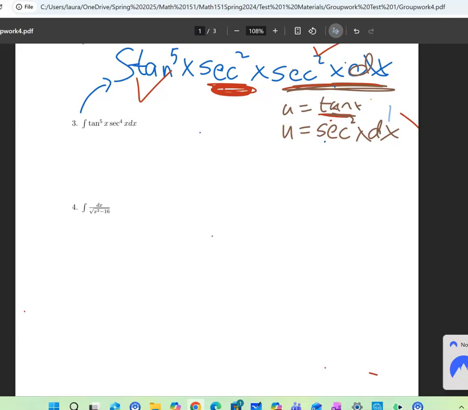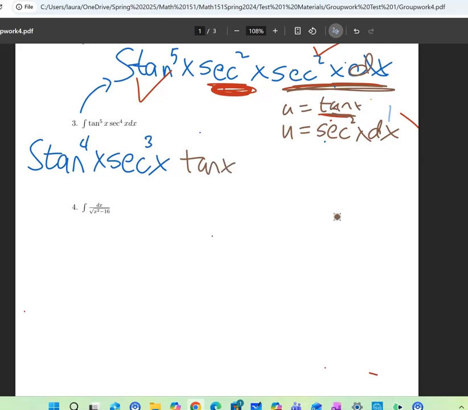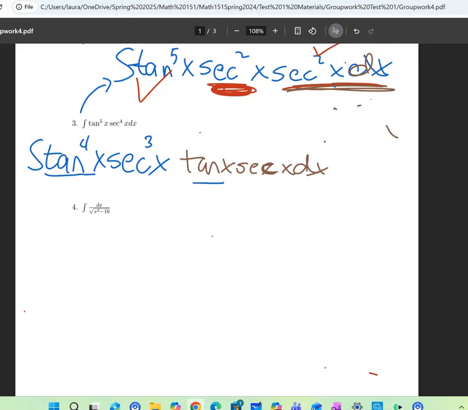If I take off a tangent x secant x, I'm going to be left with a tangent to the fourth and a secant cubed, right? Because I'm peeling off the powers. So I'm looking at what I've got left over. This tangent to the fourth times this tangent gives me tangent to the fifth. And this secant cubed and this secant gives me secant to the fourth.